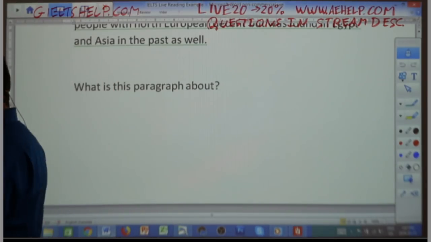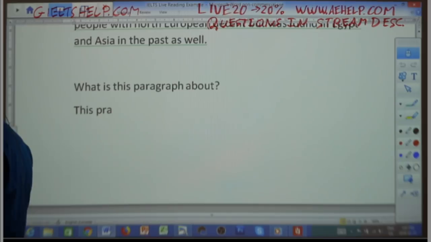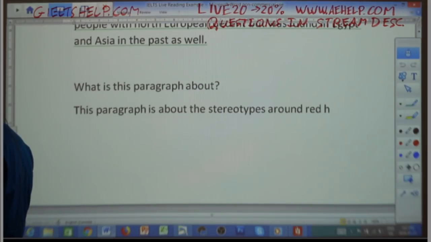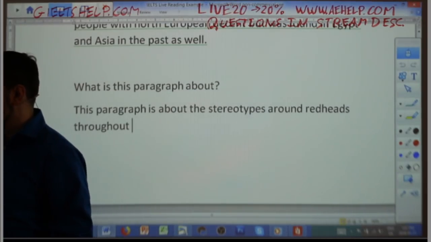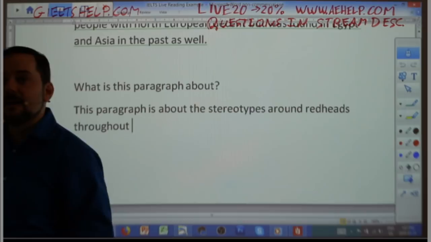And answer in full sentences. This paragraph is about the stereotypes around redheads throughout what? Or the superstition. That's a nice vocabulary there, Surya.